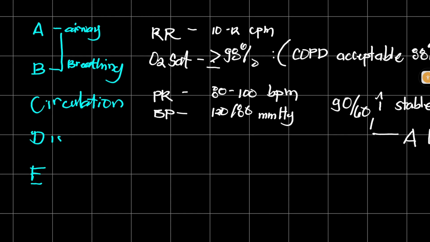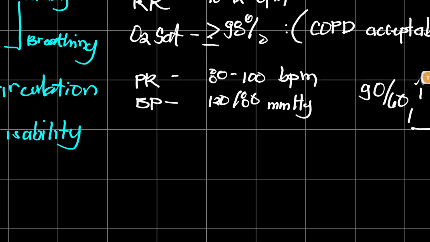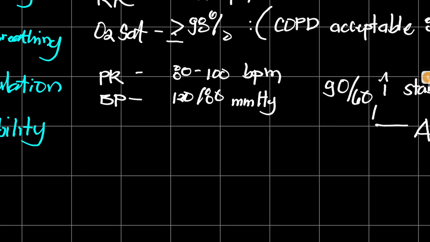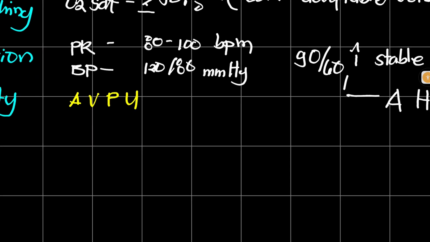D stands for disability. In terms of disability, ano bang titingnan mo kung ano-ano dyan? Dito, disability ba to yung mga physically challenged natin pasyente? No. Ang disability natin dito stands for, may another acronym, okay, AVPU. Okay, this is one way of checking your patient's level of consciousness.